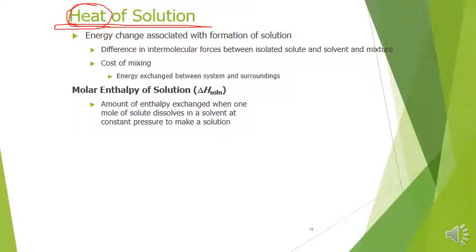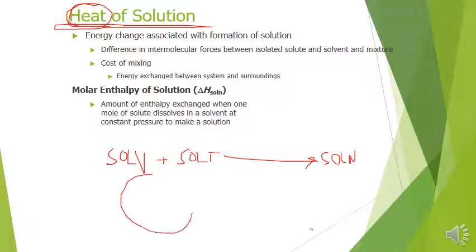Remember what's happening here: when you have your solvent and then your solute to make your solution, what we're saying is that this side has a high enthalpy, and this side will have a lower enthalpy, and the difference between these two enthalpies will be some energy, which is a change in enthalpy.